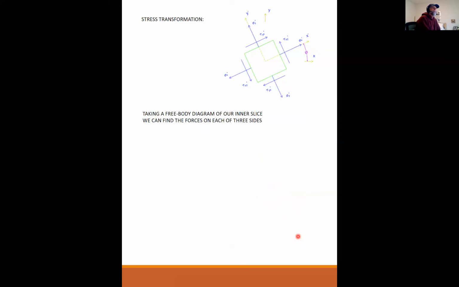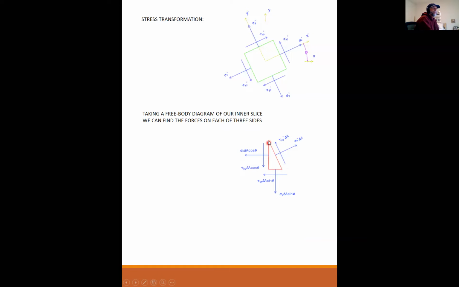Taking a free body diagram of our inner slice, we can find the forces on each of the three sides. So that little delta that we had has forces on all three sides. Let's go clockwise.